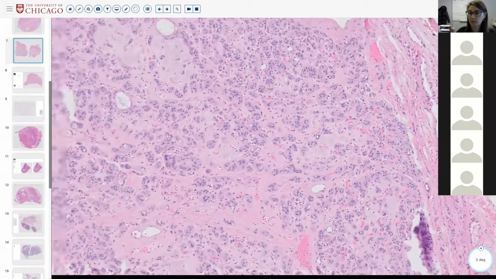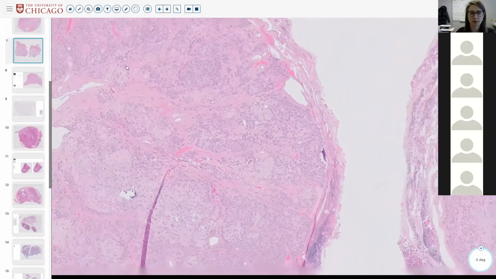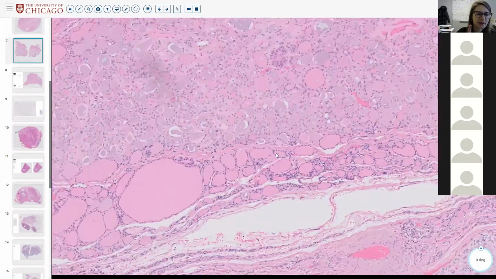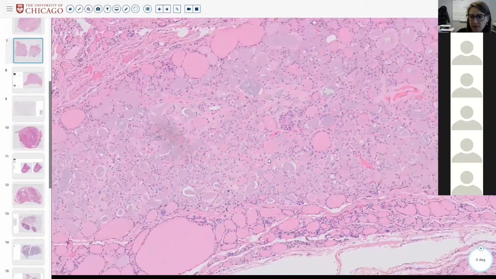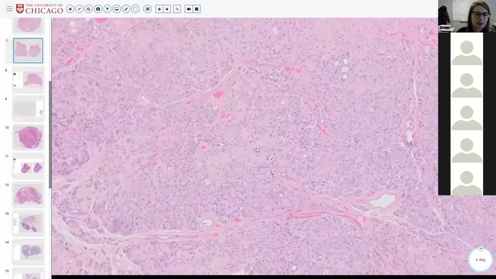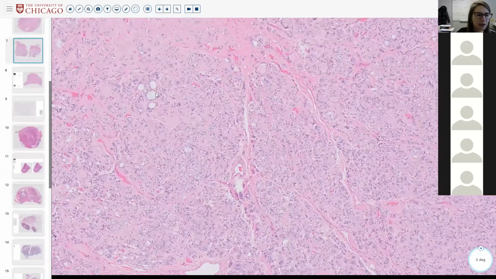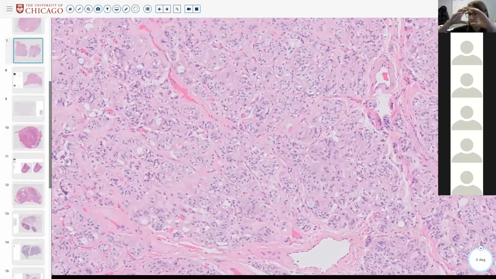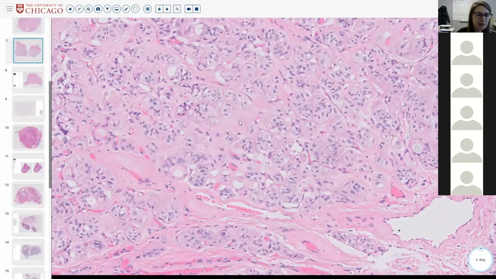So let's pause there. It's very well circumscribed. I agree. I was just going to check this little focus out here to see if this was invasion, but no, I think this is something different. It's composed of maybe some occasional follicles, but mostly these trabeculae, right? Cords or trabeculae separated by this hyalinized stromal material.